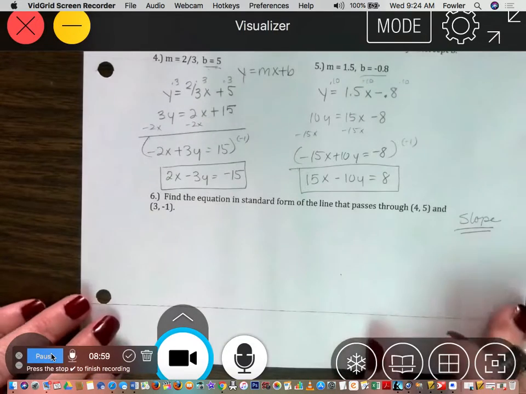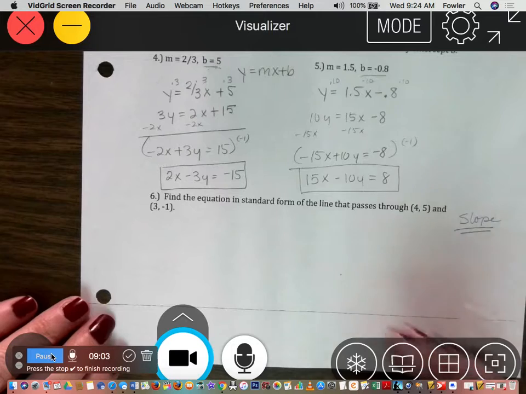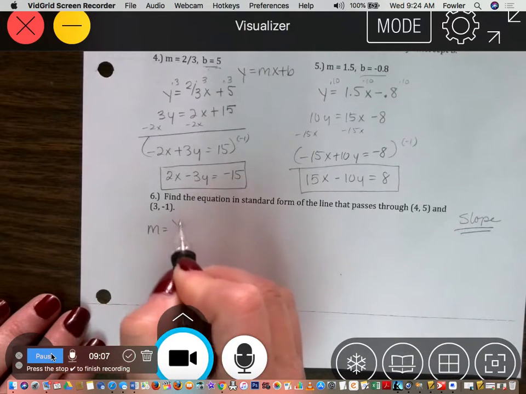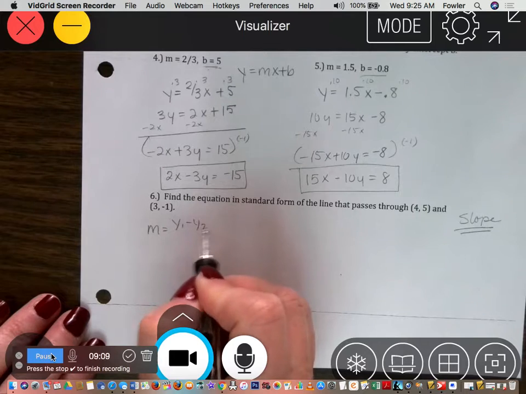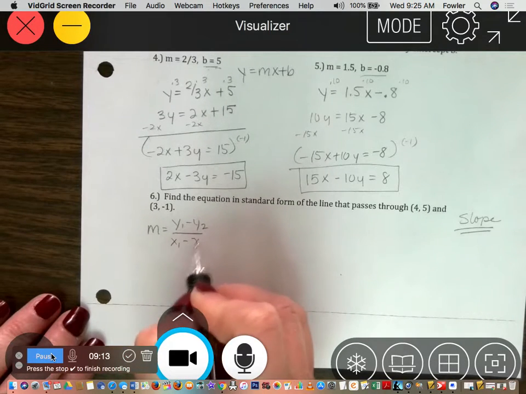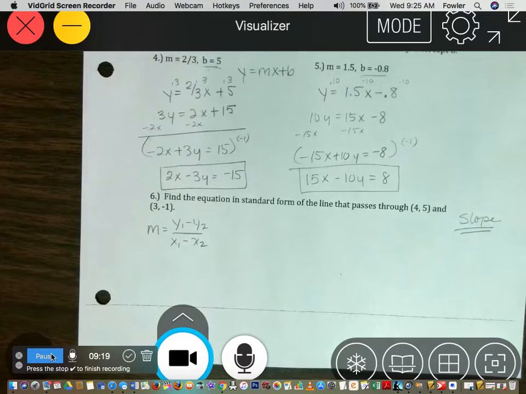So before we can even start on number 6 as far as plugging it into one of the equations that we have, we've got to go through and find our slope by using the change of y over the change of x.